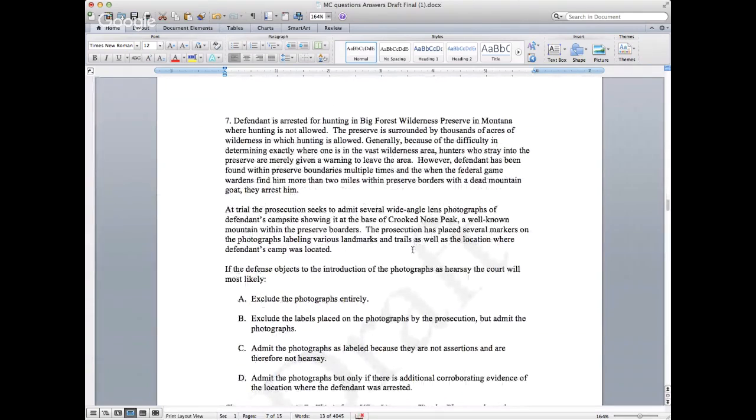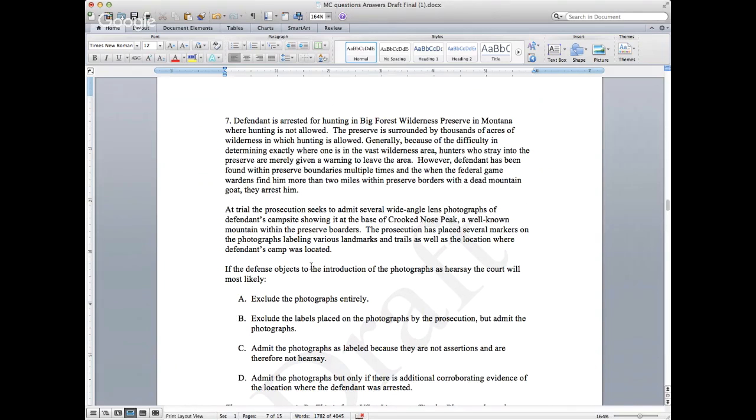Okay, question 7 starts off with, if the defense objects to the introduction of photographs as hearsay, the court will most likely. Well, this actually tells us a lot already, because generally photos aren't hearsay because they're not statements. They're just mechanical representations of events. So since they're not statements, they're generally not hearsay.